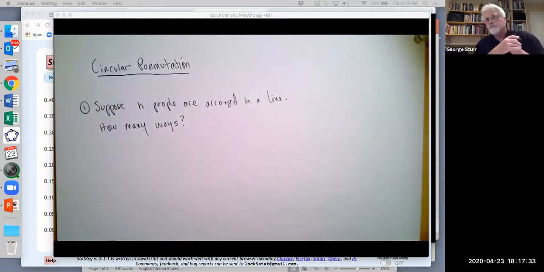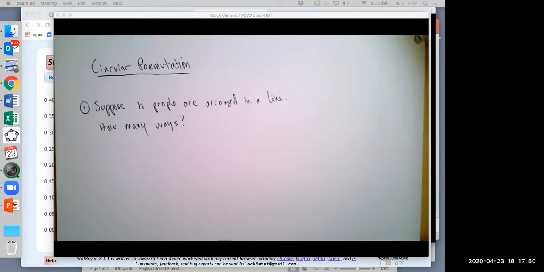How many ways? You have n people, and you're going to put them in a line and rearrange all the different possibilities. How many ways? Sure, somebody has to answer me. N factorial. Exactly.